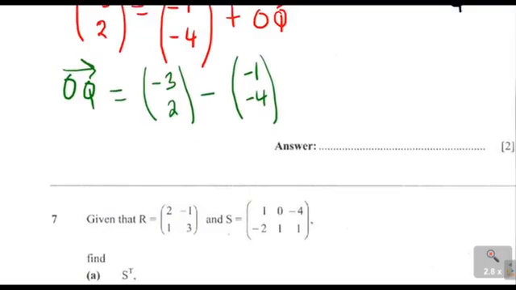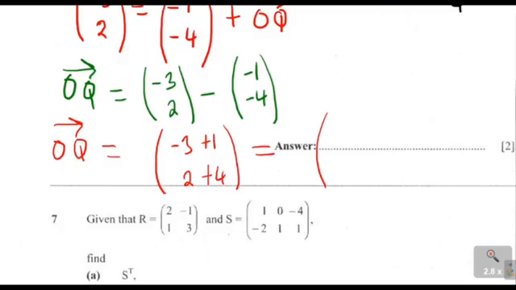So we have OQ vector equal to negative 3 minus negative 1, so negative negative is positive 1, then 2 minus negative 4, negative negative is positive 4. So the answer will be negative 2, then 2 plus 4, it's a 6. This will be the vector for OQ. So this is how we can answer these questions.